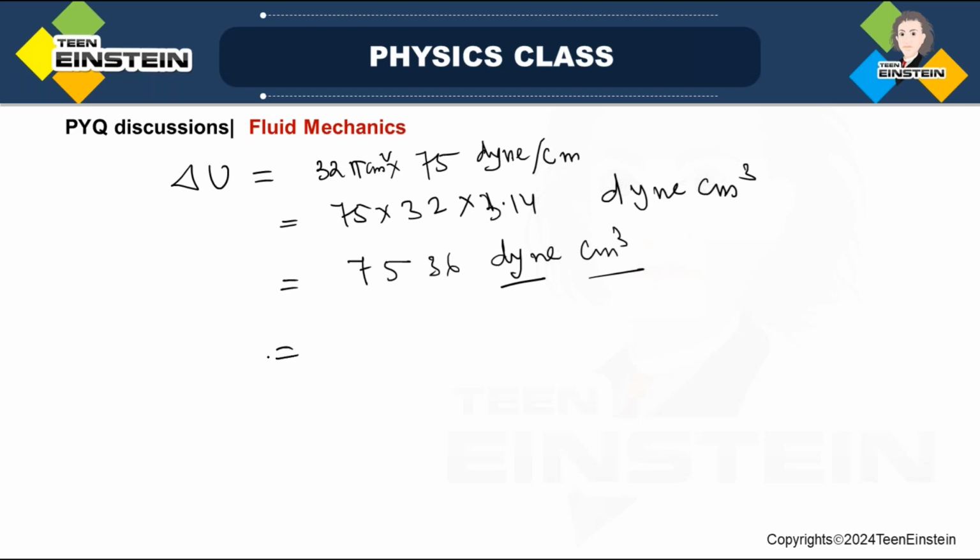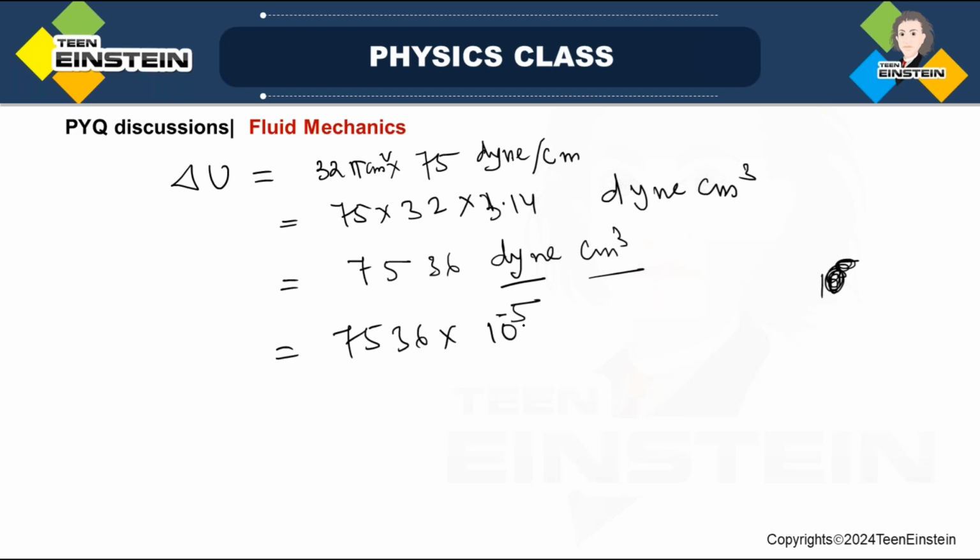One Newton means 10 to the power 5 dyne, so dyne is 10 to the power minus 5 Newton, that is fine. I just want to make it into Newton.